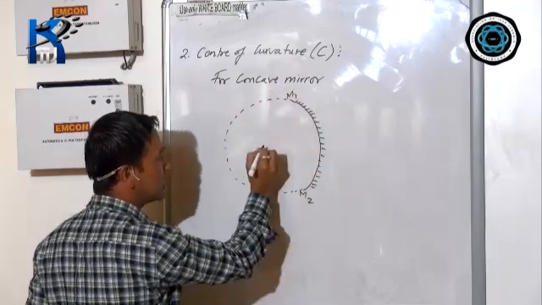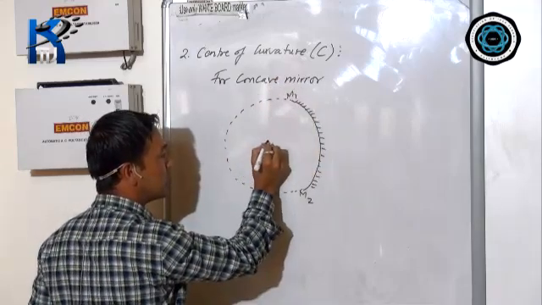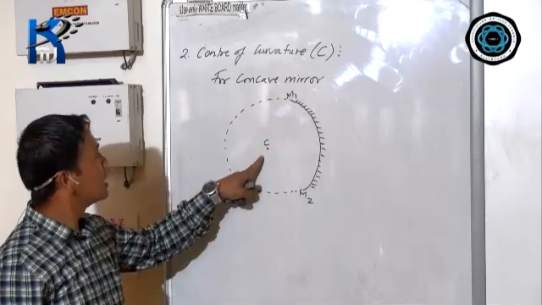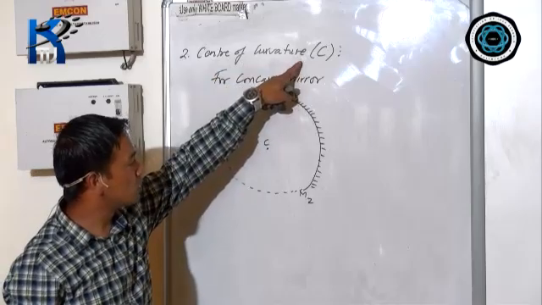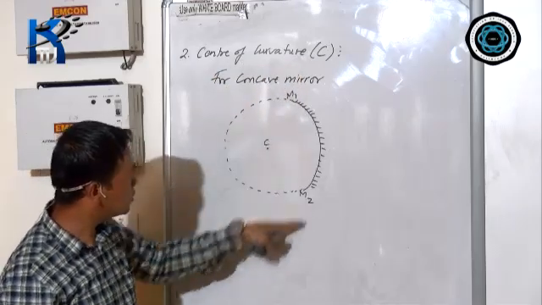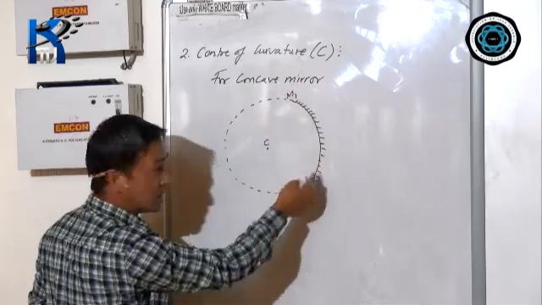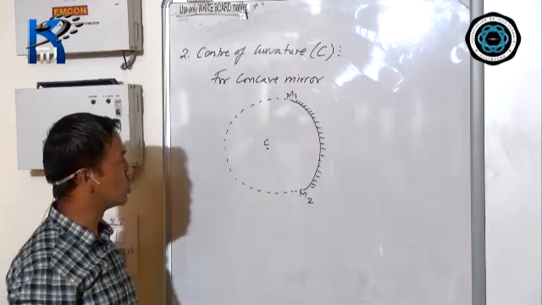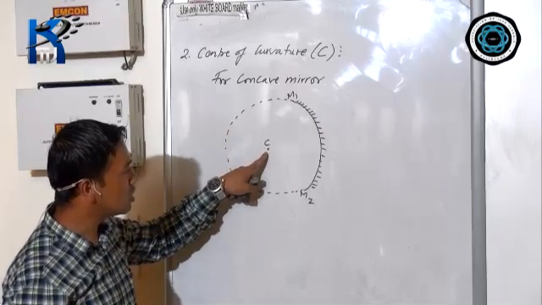For every sphere there is a what point? Center point. I consider this the center point of this hollow sphere, and this center point is defined as the center of curvature. Why? Because it is the center of the hollow sphere of which the mirror is a part. That's why this is called the center of curvature. So we can see that for a concave mirror, this is the center of curvature.